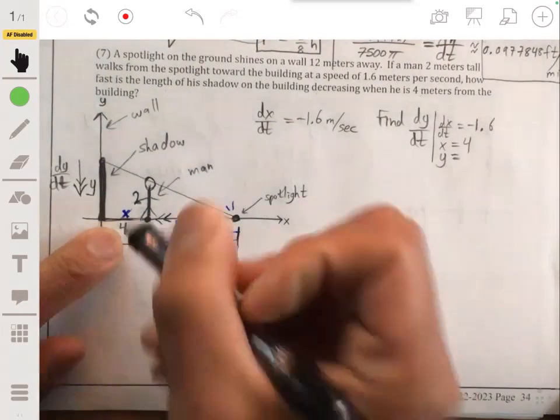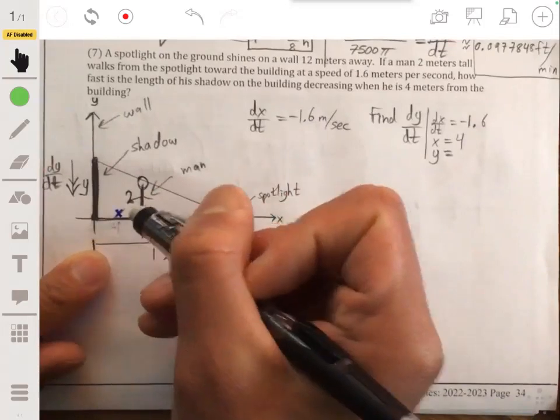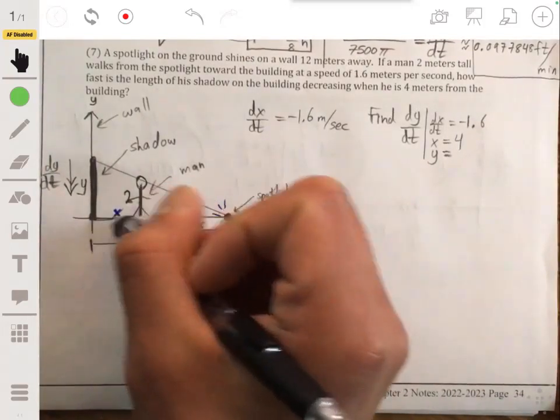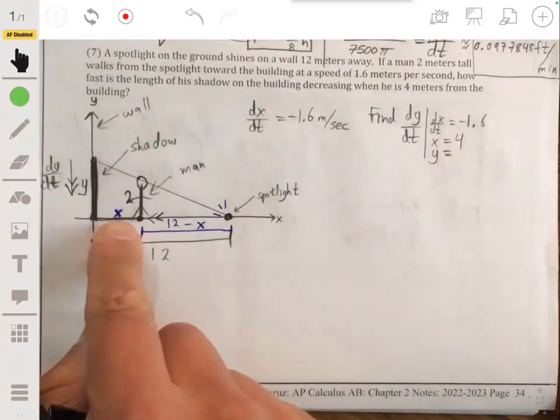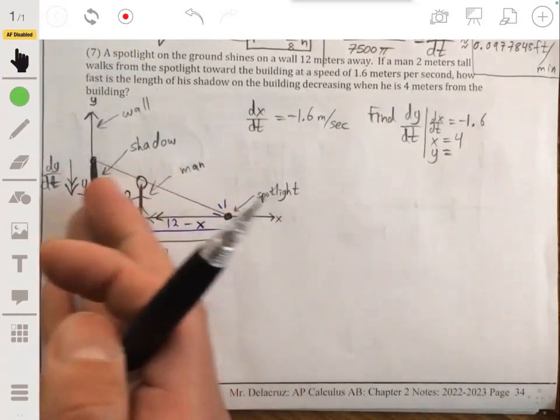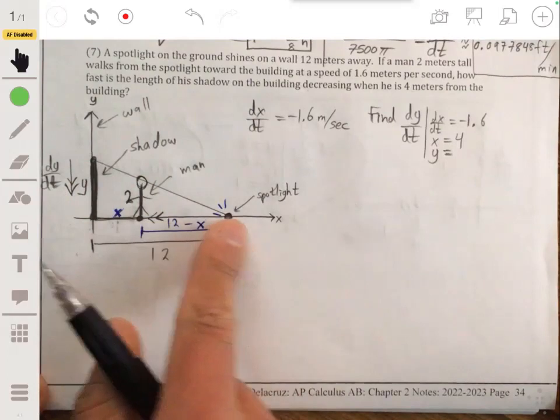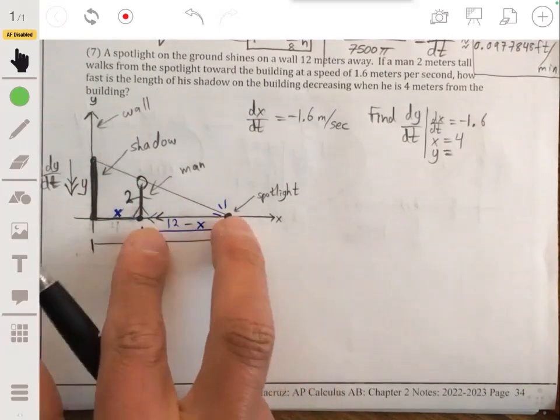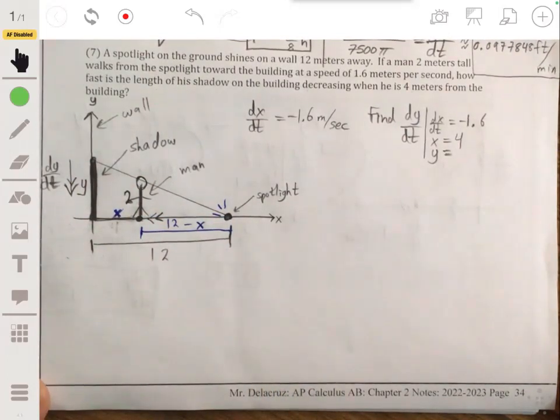I should probably leave it as just x so that we don't get confused, because this 4 is changing. This is our variable. This changes as he's walking towards the wall, and this value changes as well. This gets bigger, this gets smaller.